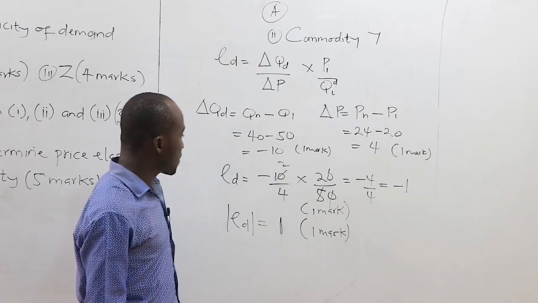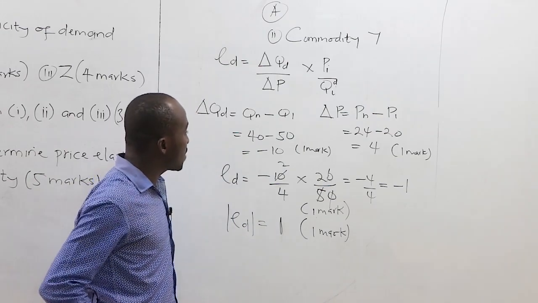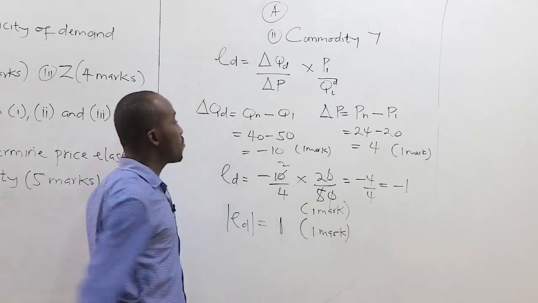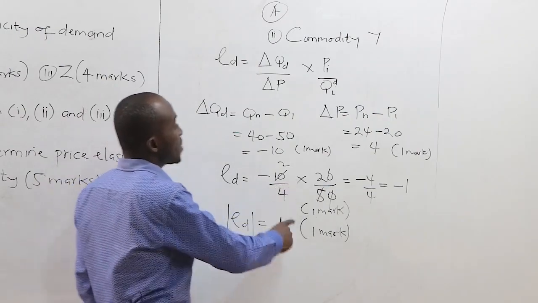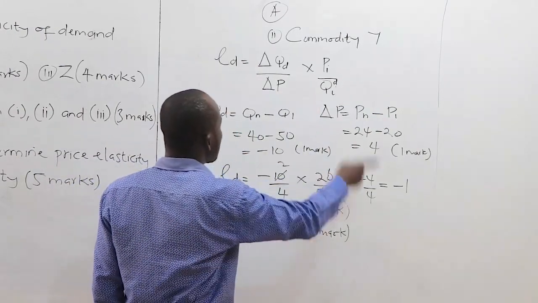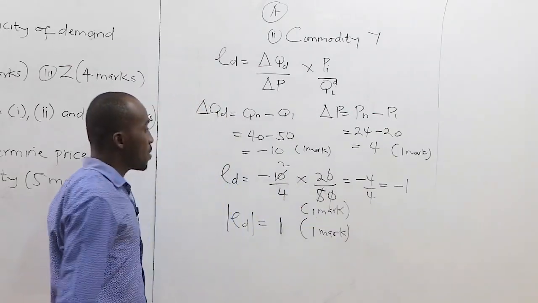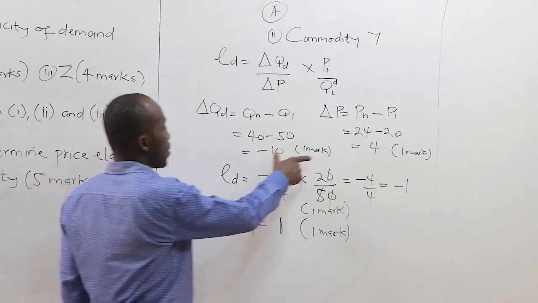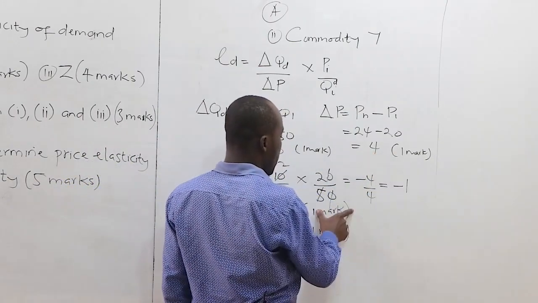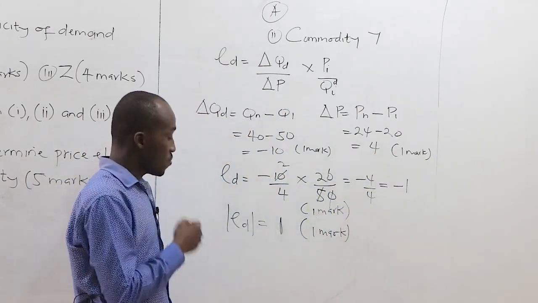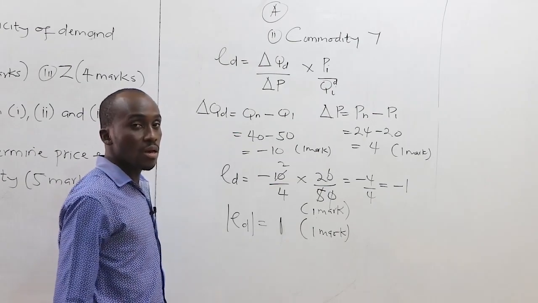If you put it in the function, you get change in quantity demanded, negative 10, over change in price, 4, times the initial price 20 over initial demand 50. You're going to get negative 1. So we have 1 mark for here, 1 mark for here, 1 mark for here, and 1 mark for that. You have your 4 marks. So you get elasticity equal to 1.